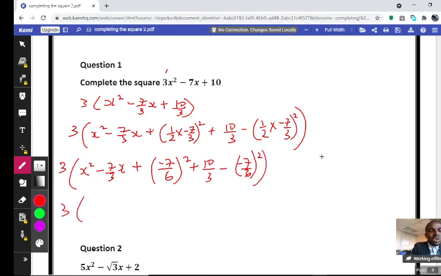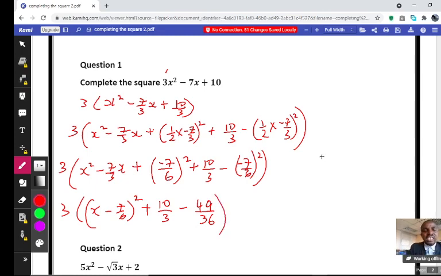Then the same rule applies: you take x minus 7 over 6 and square it, plus 10 over 3 minus, simplifying this part, 49 over 36. You share the power: 7 squared over 6 squared, so it will be 49 over 36. You close the bracket.